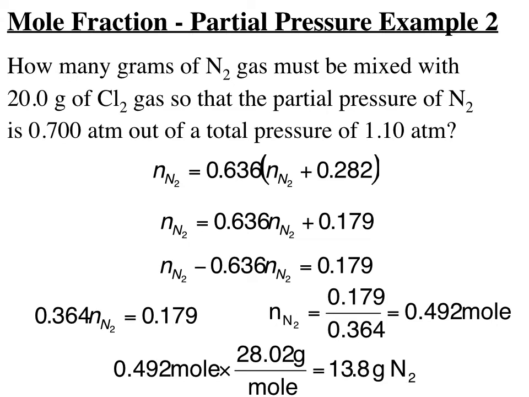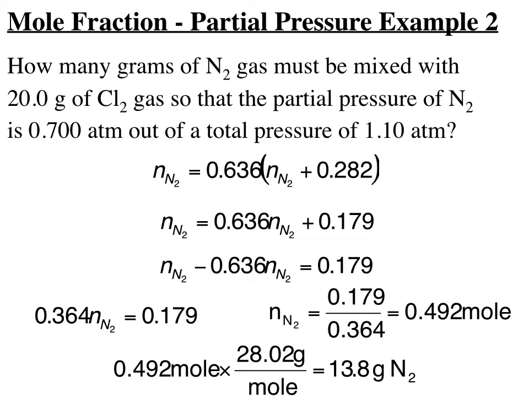So the first equation on this slide just repeats the last equation from the previous slide. The moles of N2 is equal to 0.636 times the quantity moles of N2 plus 0.282. So I multiply both terms by 0.636, and gather up the N2s on the left side of the equation. That means I'm taking one N2 minus 0.636 N2, and I end up with 0.364 N2 on the left.